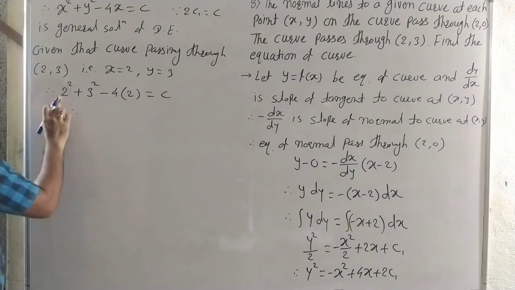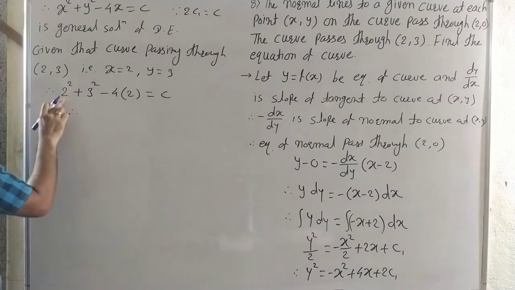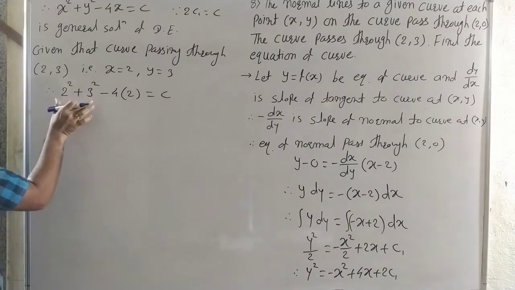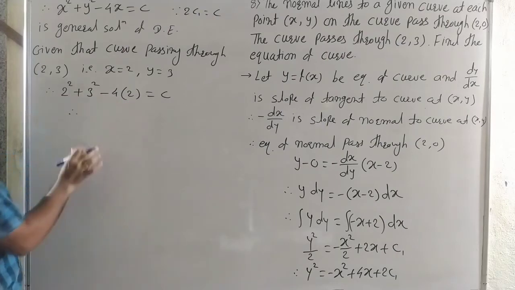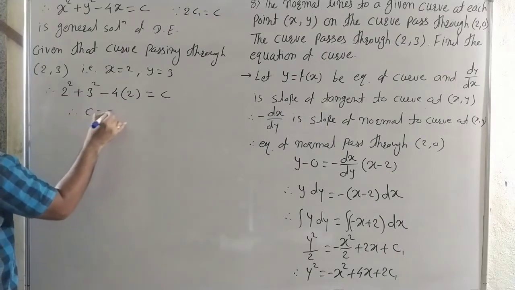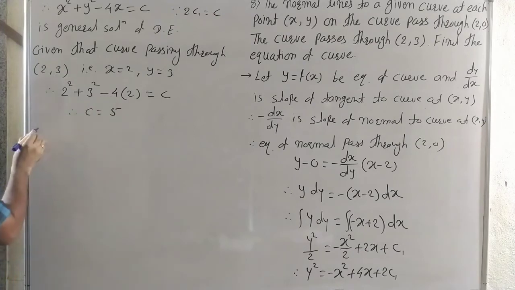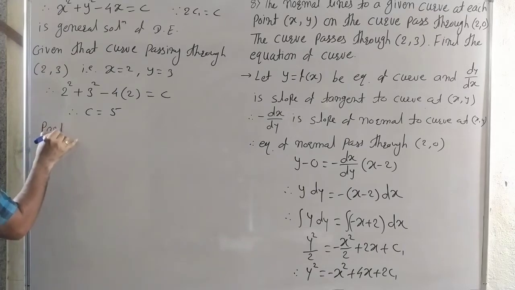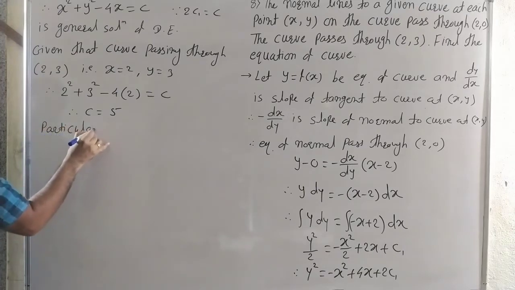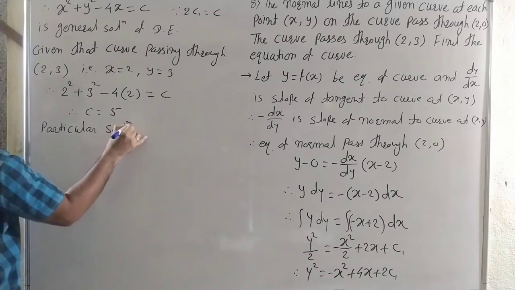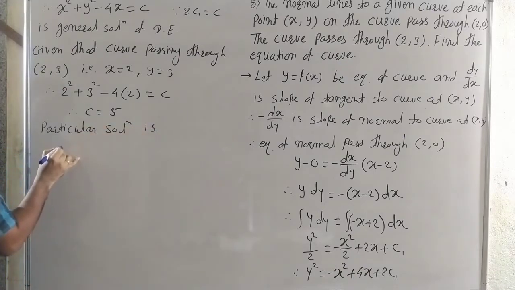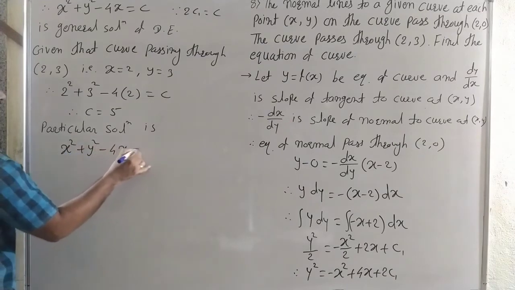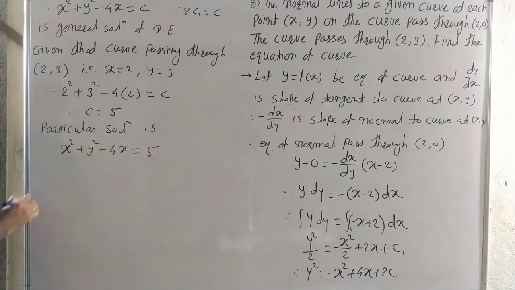Therefore 4 plus 9 is 13, minus 8, so c is equal to 5. Then the particular solution is x square plus y square minus 4x is equal to 5, and it is the equation of the curve.